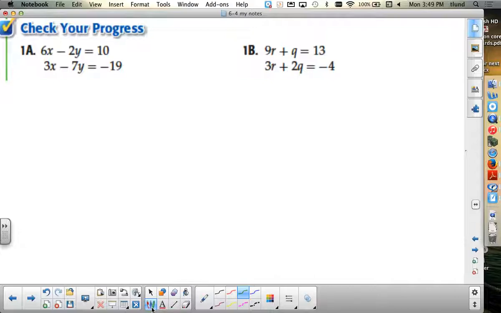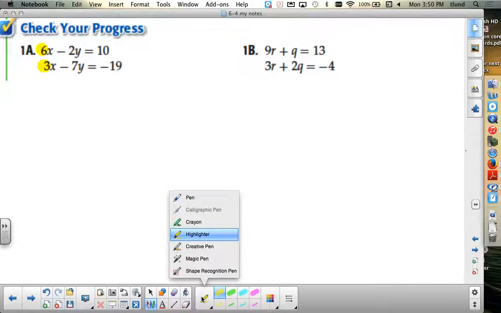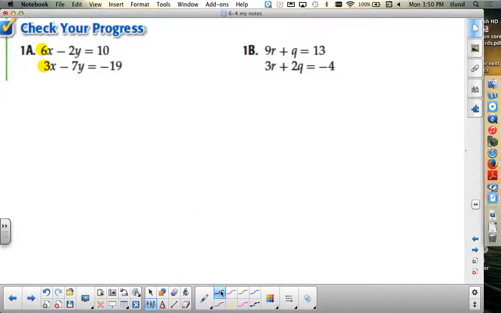But one of them hopefully stands out as an easy one to eliminate, and that is the x's with coefficients of 6 and 3. 6 and 3 are not opposites of one another, but if I were to multiply through that bottom equation by 2, then the coefficients on x would be the same, and I could cancel them out using subtraction.